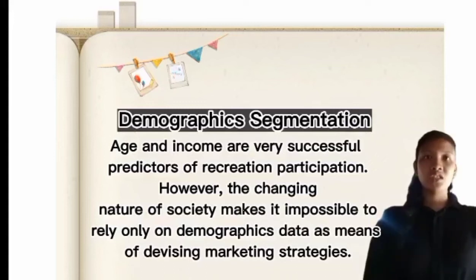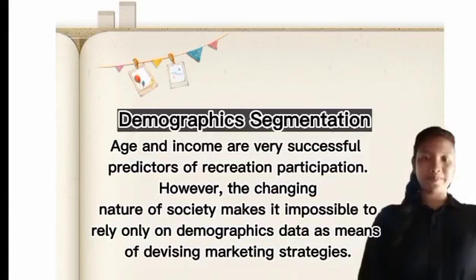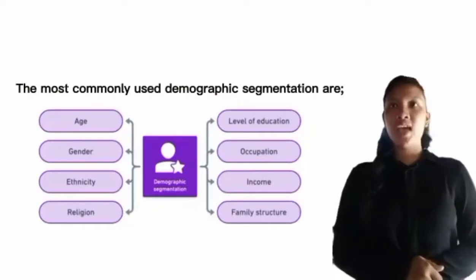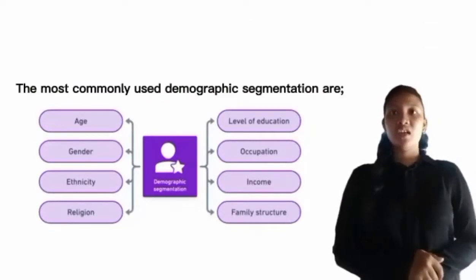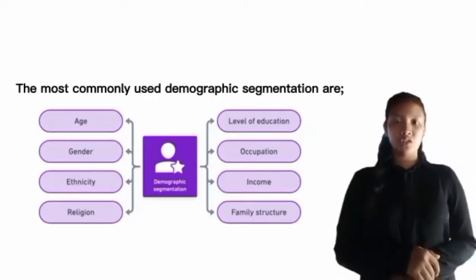However, the changing nature of society makes it impossible to rely only on demographic data as one means of diversifying marketing strategy. The most commonly used demographic segmentation factors are age, gender, ethnicity, income, level of education, religion, occupation, and family structure.